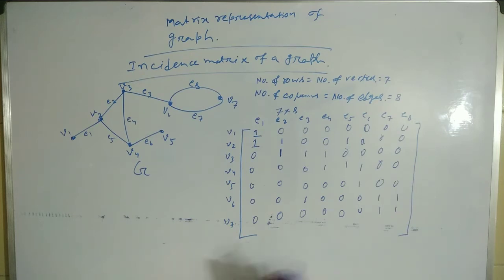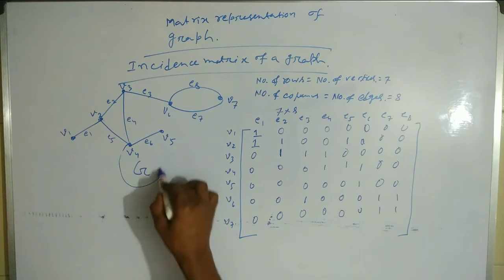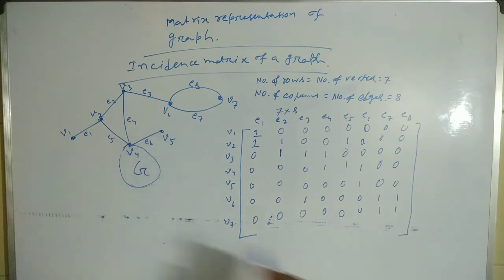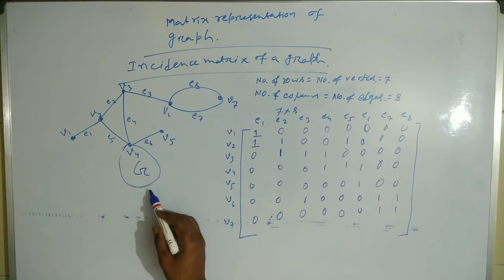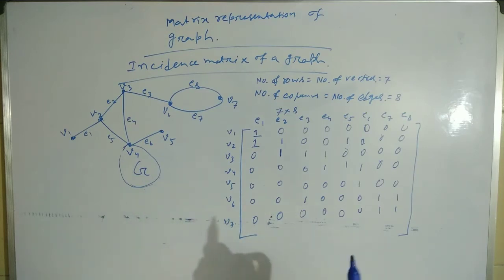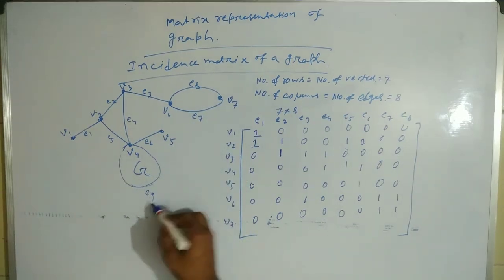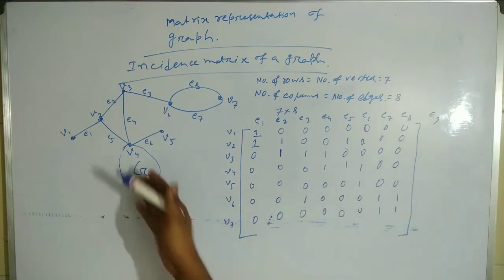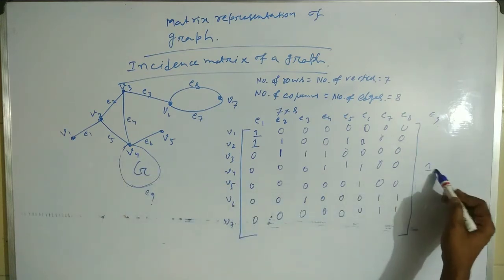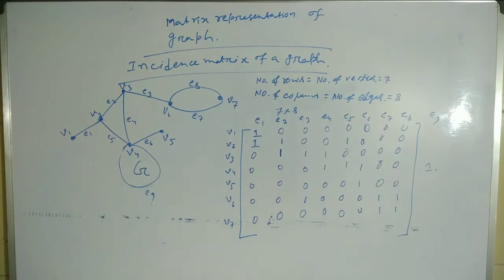If there is a self loop, then for that edge there will be only one 1 for that vertex. If we name it E9, we put 1 in V4 and all other elements will be 0. So if it is not a self loop, then every column will contain exactly two ones, because every edge is connected with two vertices.